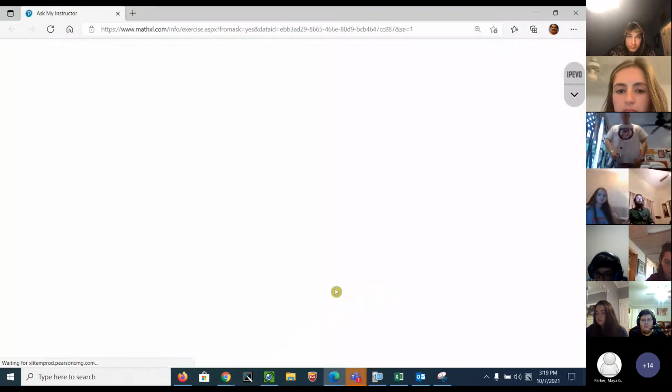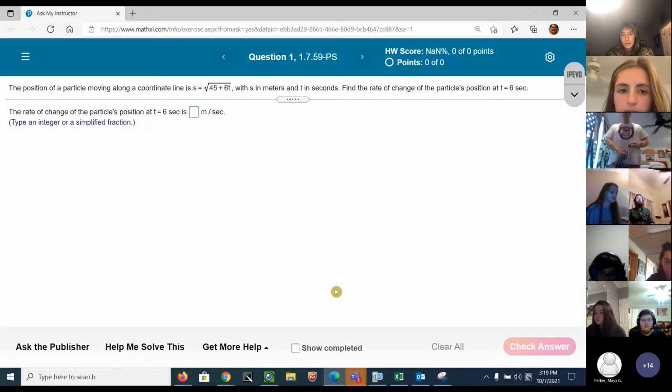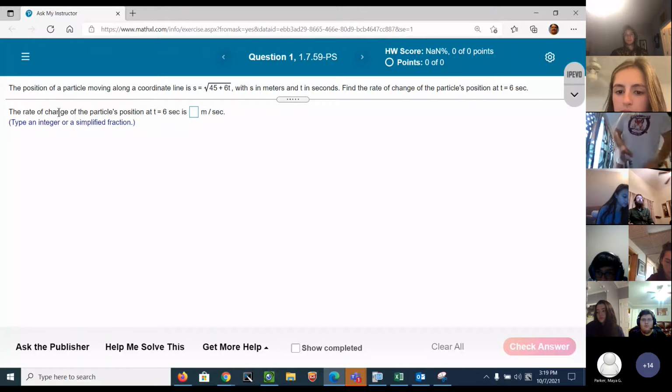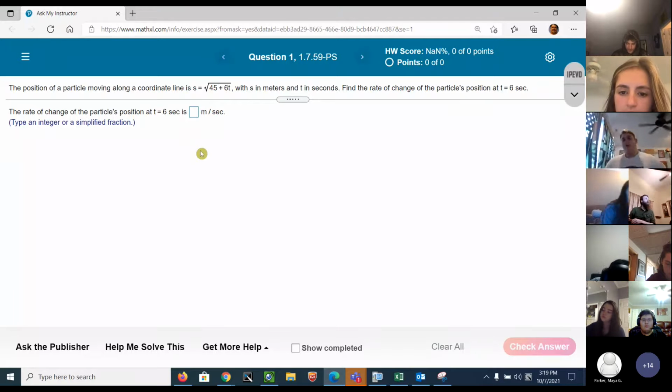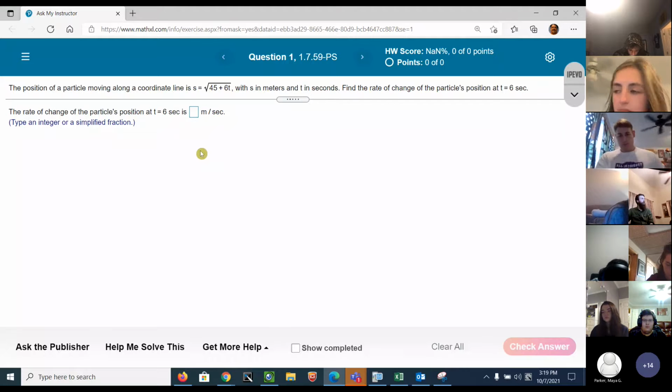I think it's another one like we just did, but no. The position of a particle moving along a coordinate line is S equal to (6t plus 45) to the 1/2 power, and S is in meters and t is in seconds.